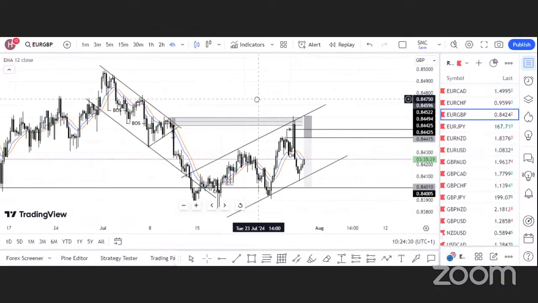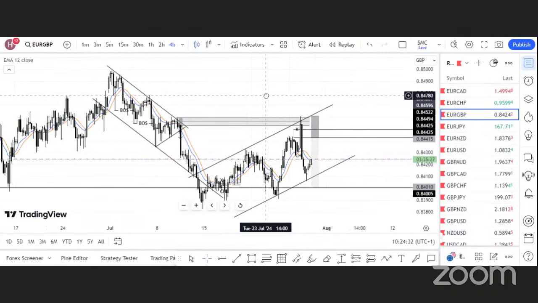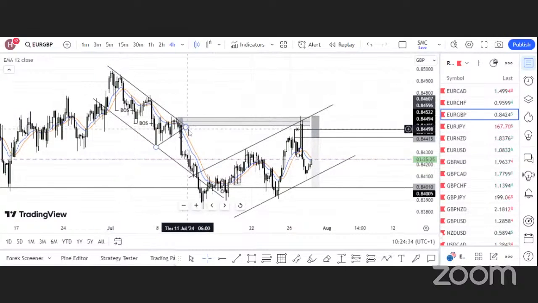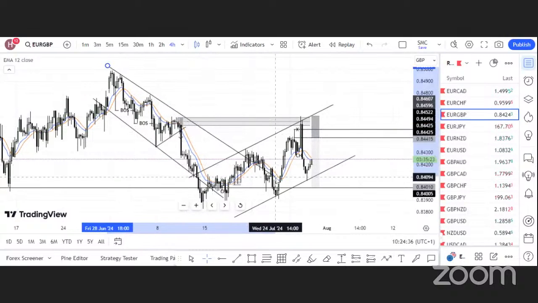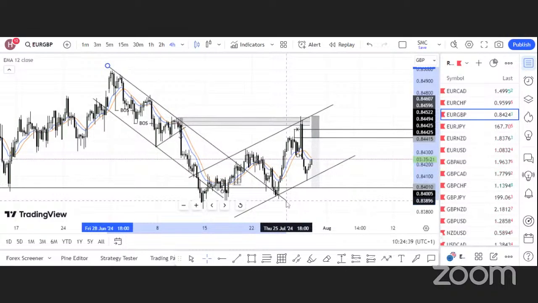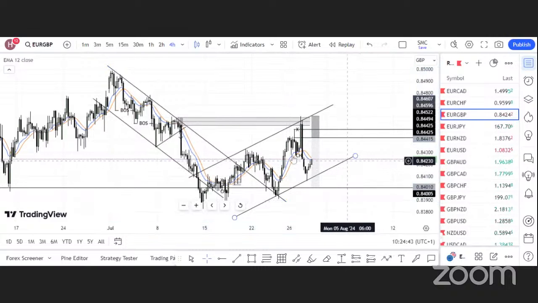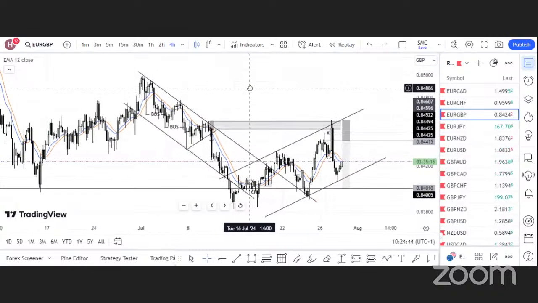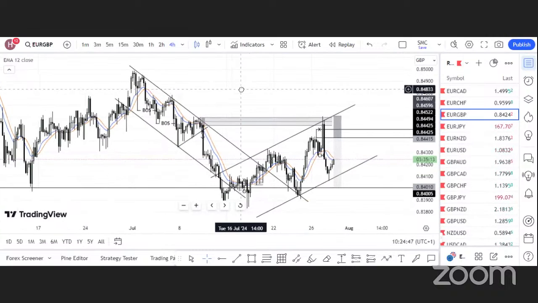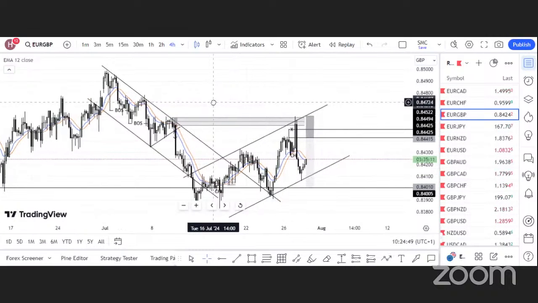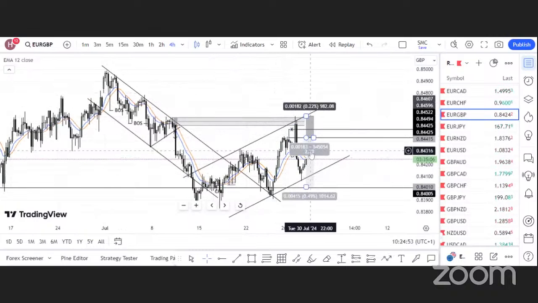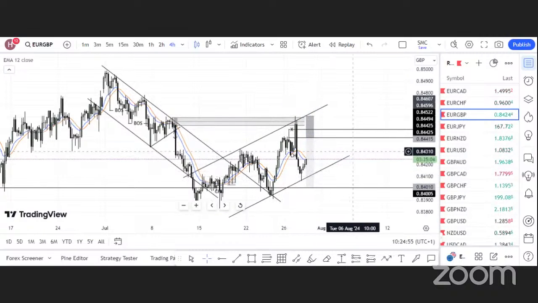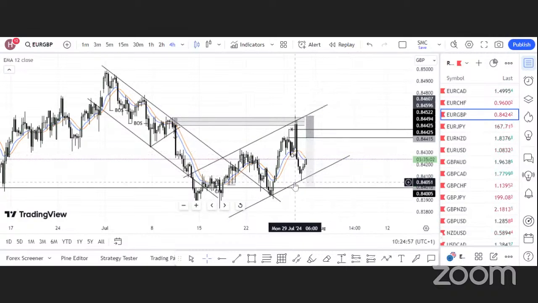On the 4 hour time frame, we have this long, huge spike that took the market to the downside.